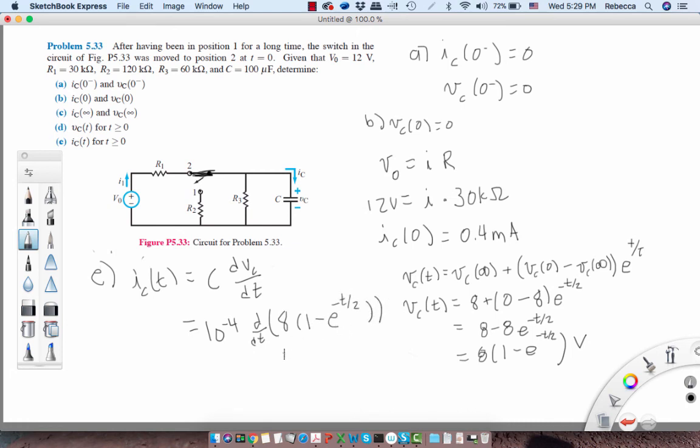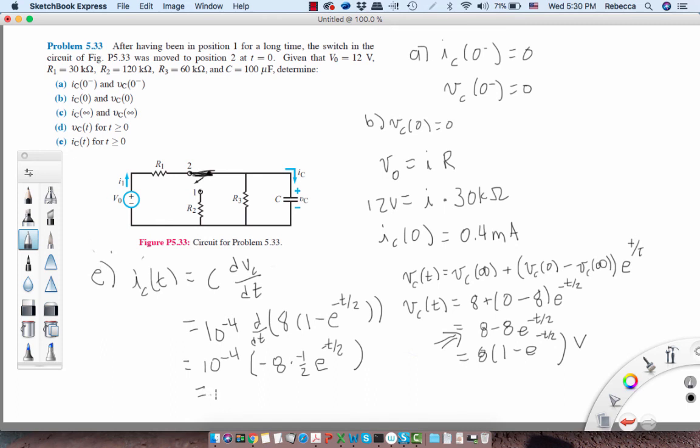So we need the derivative of this, so that will be 10 to the minus 4. Now let's look at this one where the 8 is distributed through. When we take the derivative of 8, of course that'll be 0. The derivative of negative 8 e to the negative t over 2 will be negative 8, and the derivative of e to the anything is e to that anything times the derivative of that anything, so it'll be times minus 1/2.